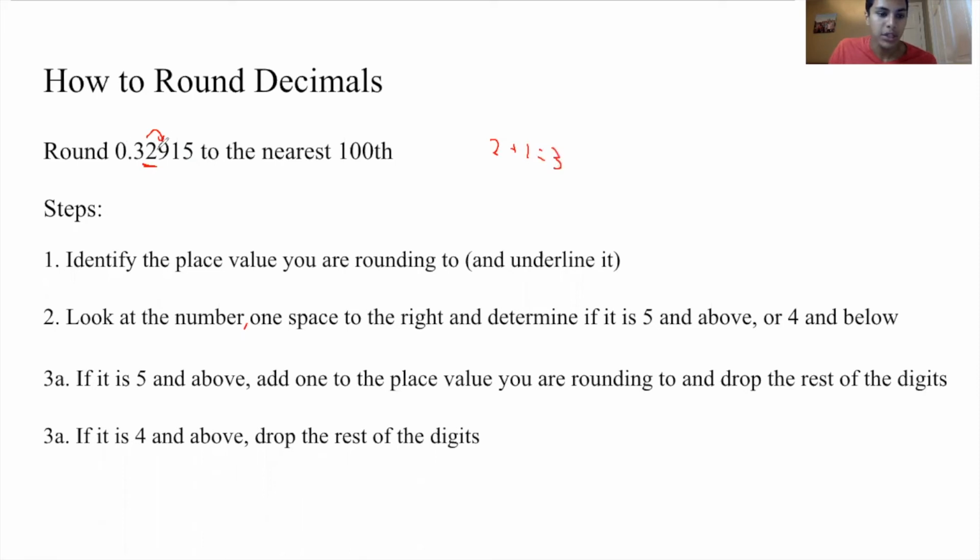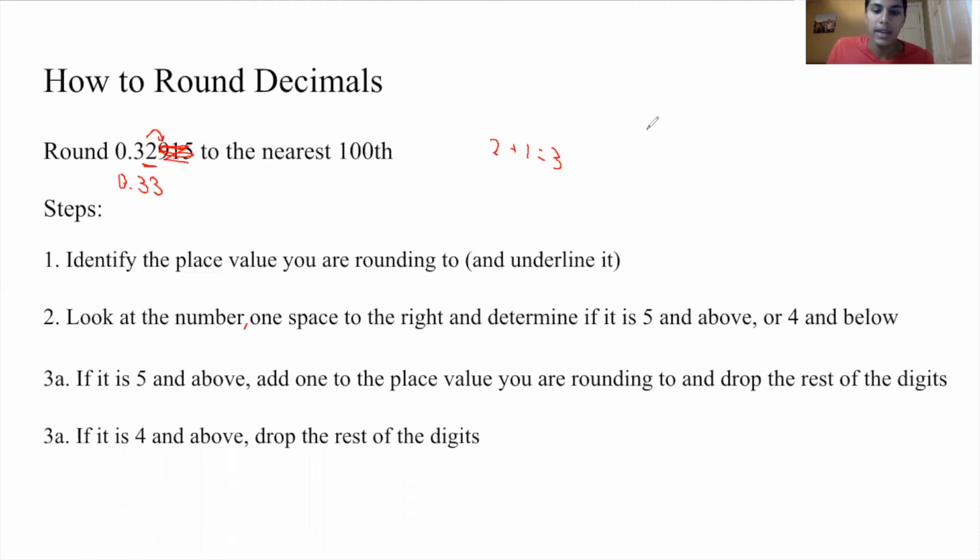So this 2 is going to turn into a 3. And then we drop the rest of the digits, which means all the digits that come after it. So this 9, this 1, and this 5, we don't need them anymore. So our decimal becomes 0.3, and then 2 plus 1 was 3. And we can all agree that 0.33 is quite close to 0.32915. So that's why this rounding works.